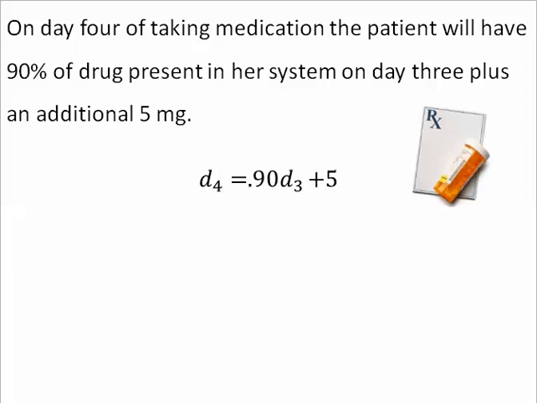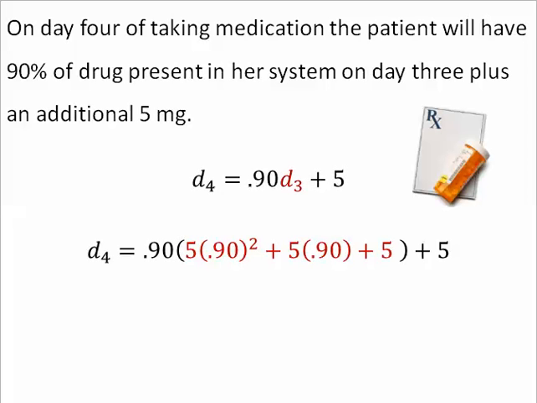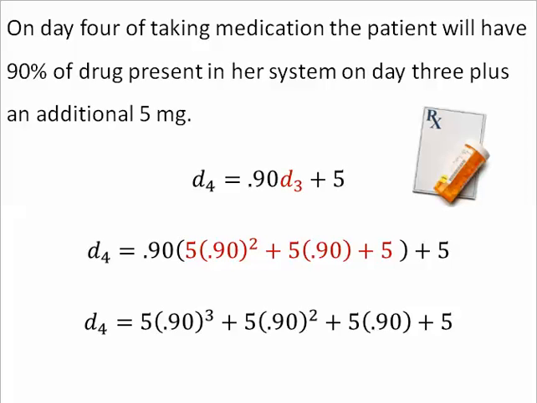Day 4. On day 4 of taking medication, the patient will have 90% of the drug present in her system on day 3, plus an additional 5 milligrams. Since we know what she had immediately after the third dose, we put that in for D sub 3. And then we do the algebra. I would like you to take a moment to look at the pattern.